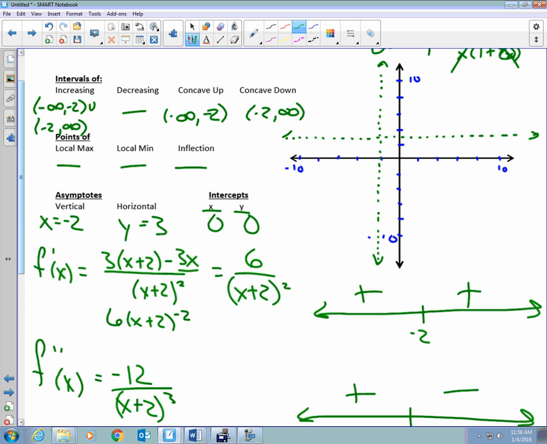What is the only point that I can plot on this graph from my information? Well, the origin, thank you, it passes through 0, 0. And then you can use the information that you're given to determine which quadrants it's in. I will use the fact that it's always increasing.